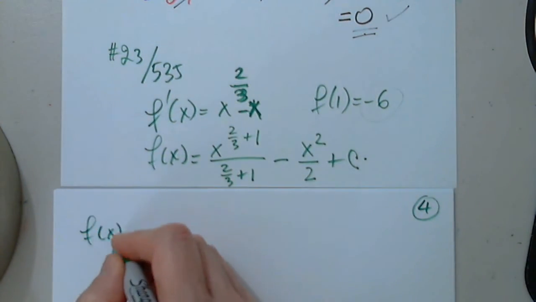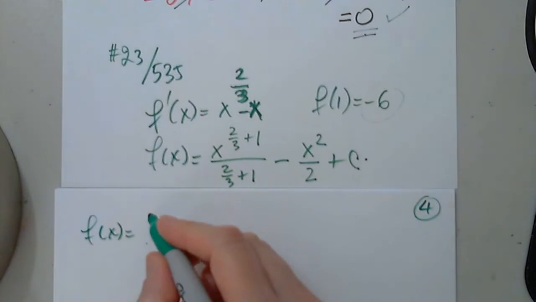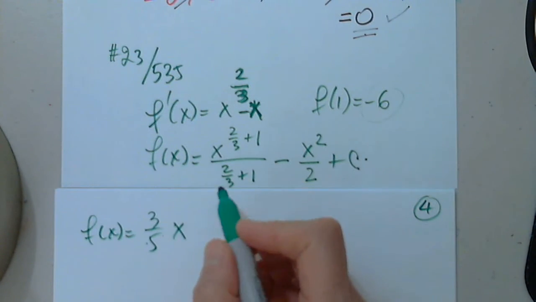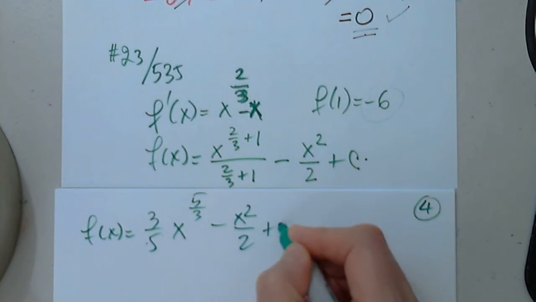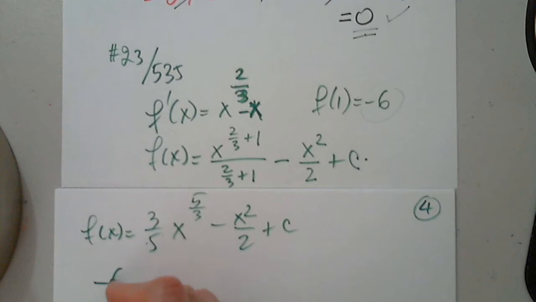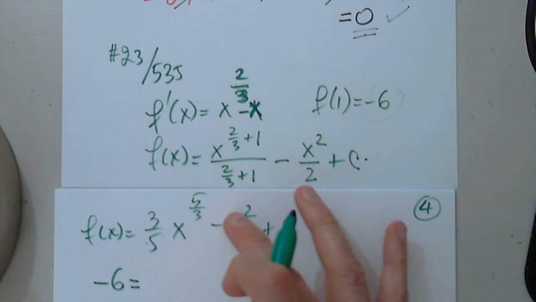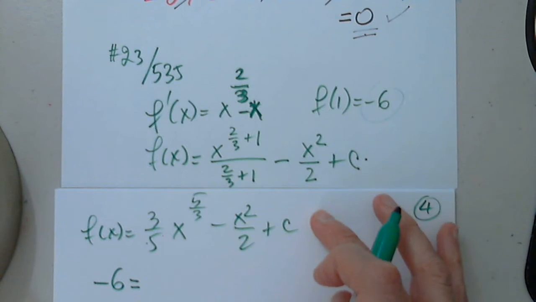So f of x equals 3 over 5 x to 5 over 3 minus x squared over 2 plus a constant c. And the answer is -6 when I plug in 1 for x, of course.